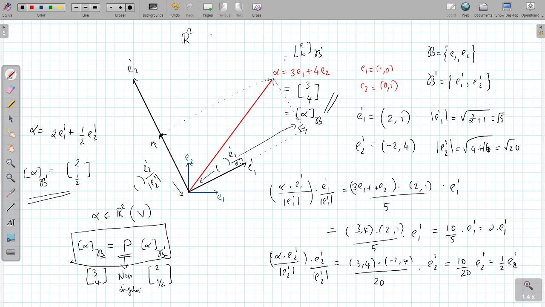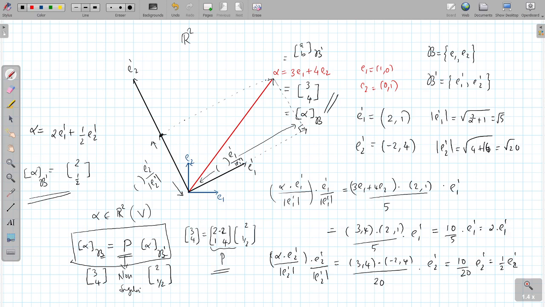Here we find a matrix in such a way that the coordinate of alpha with respect to B is (3, 4), and the coordinate of alpha with respect to B prime is (2, 1/2). This is the matrix with columns (2, 1) and (-2, 4). This is what we called P.